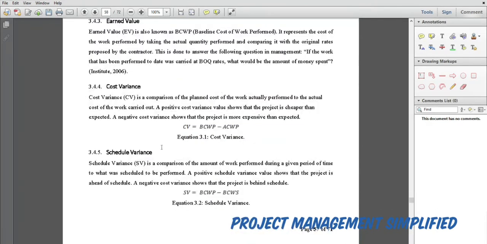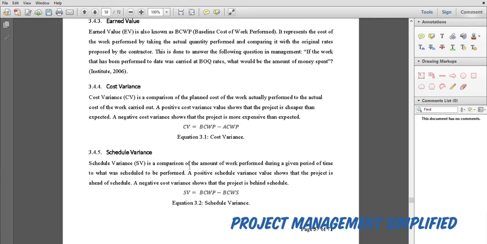Something else we have here is the schedule variance, because we have these variables, cost and schedule. SV, schedule variance, is a comparison of the amount of work performed during a given period of time to what was scheduled to be performed. So what is the difference schedule wise?